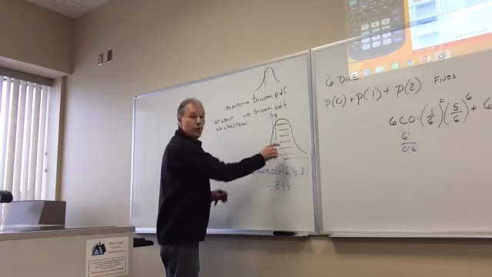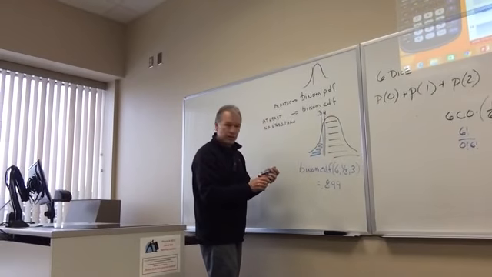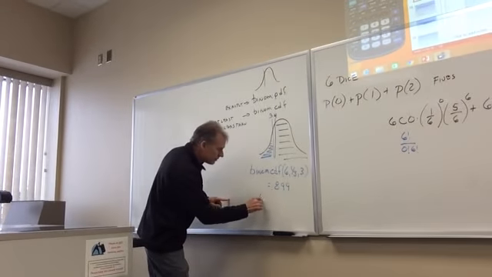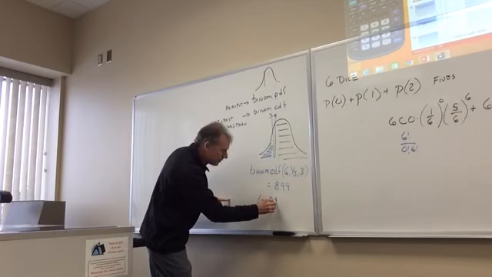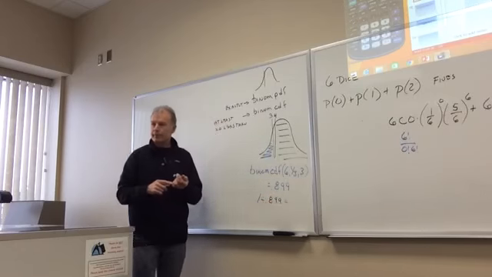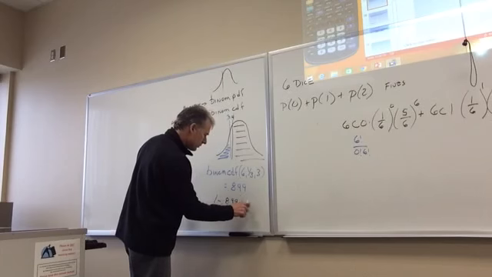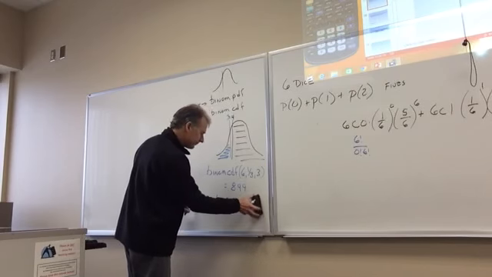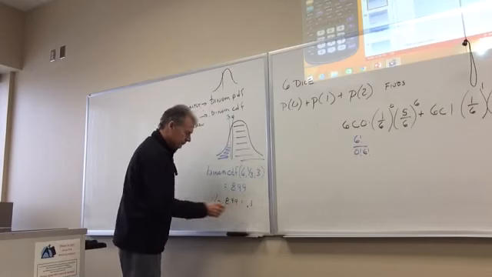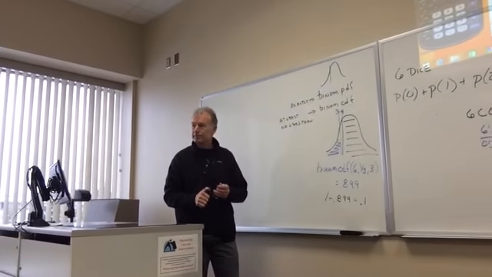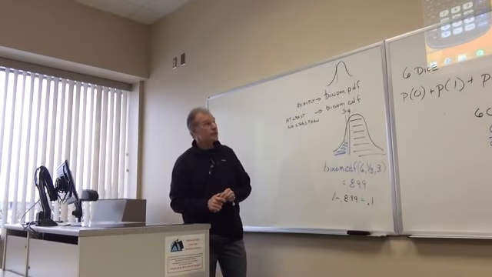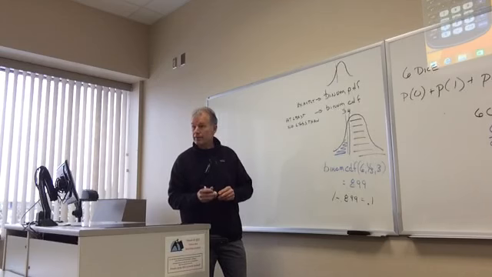Now to get what I really want over here, I'm going to go 1 minus 0.899, and that's going to be roughly 0.11, depending on how I round it. Is everyone doing okay with the calculator?